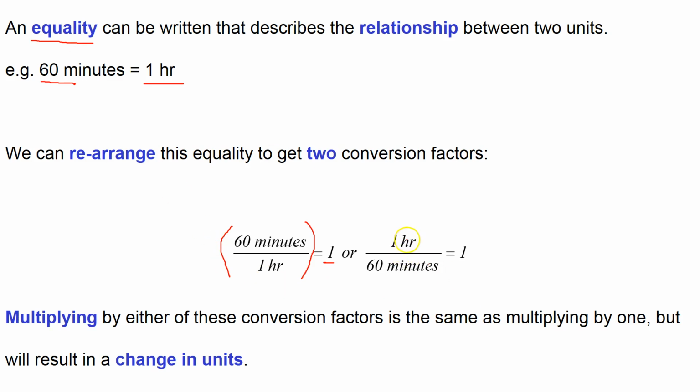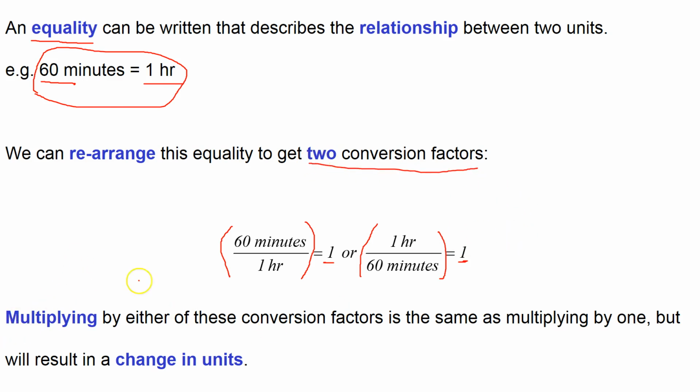We could also write 1 hour divided by 60 minutes, and that too would be equal to 1. So you can see what we've done here is we've taken this one equality and reorganized it to get two fractions, both equal to 1, and these are what we call our conversion factors.